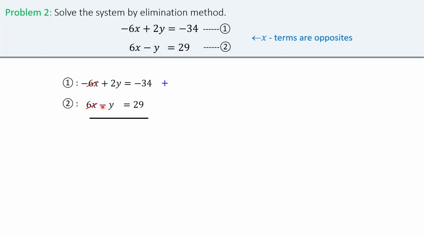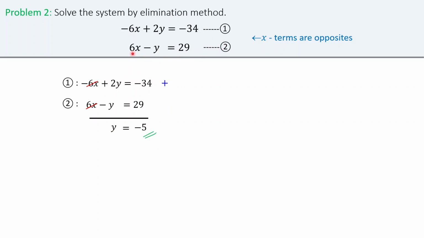Positive 2y minus y is y is equal to negative 34 plus 29 is negative 5. So you got the y value. Next we need the x value. So pick one of these equations and substitute negative 5 for y and solve for x. You can pick any equation.